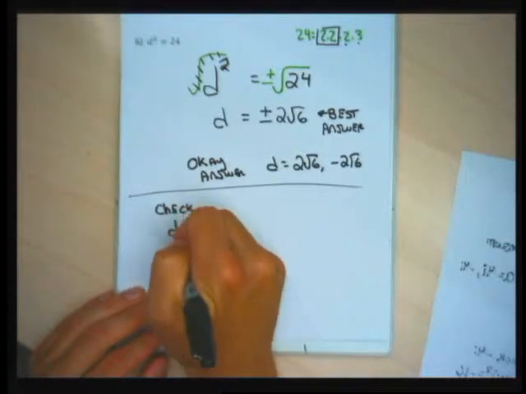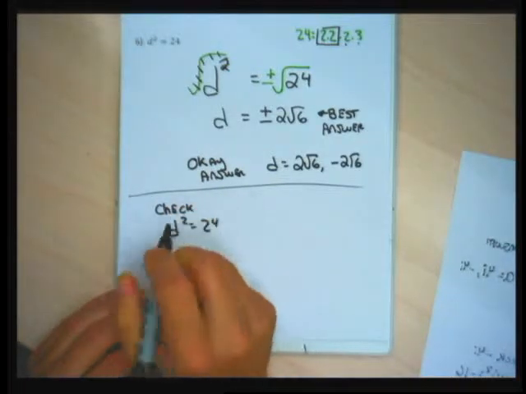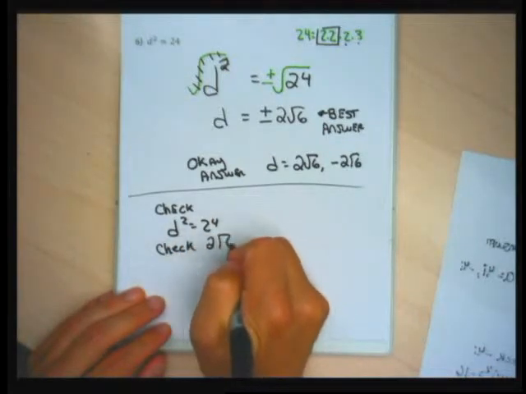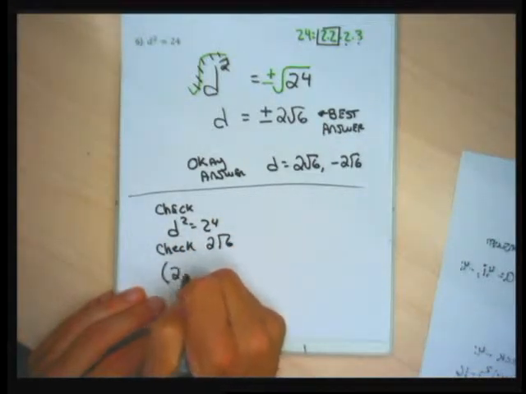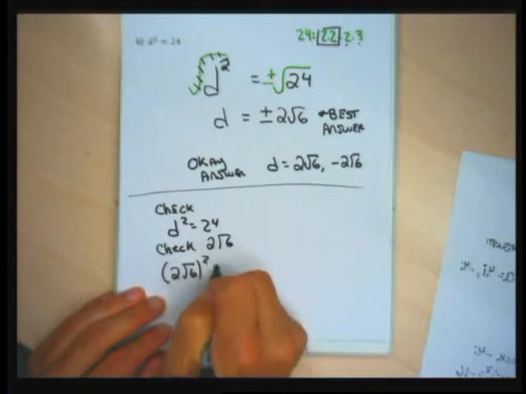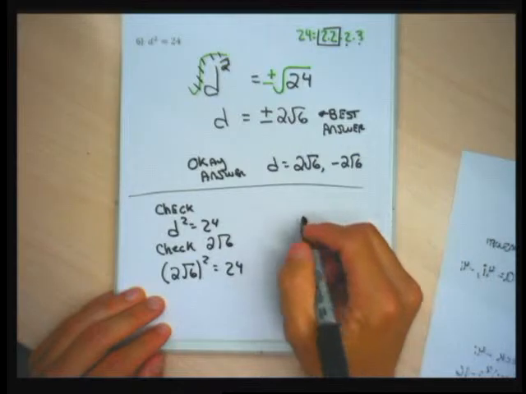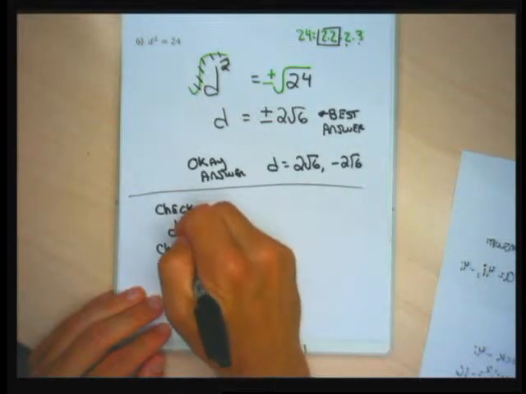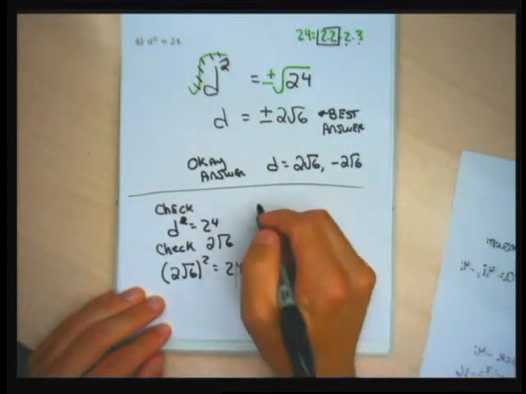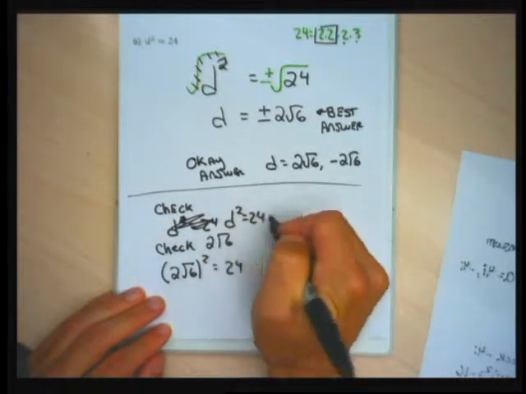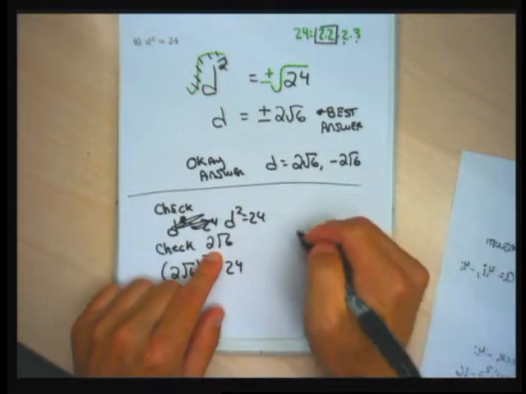The original problem is d squared equals 24. If I'm checking 2 square root of 6, I'm going to go parentheses 2 square root of 6 squared, see if that equals 24.